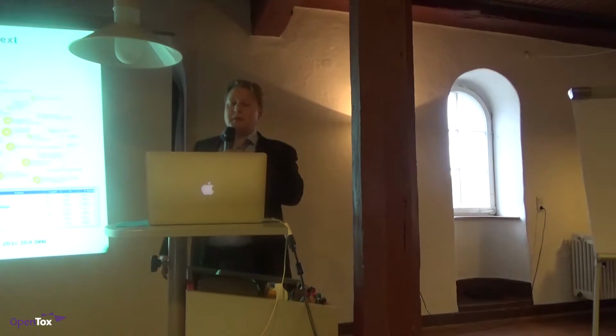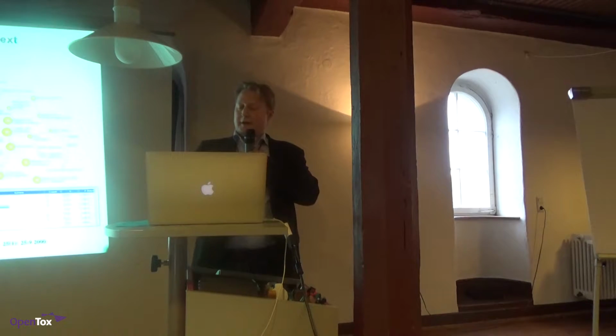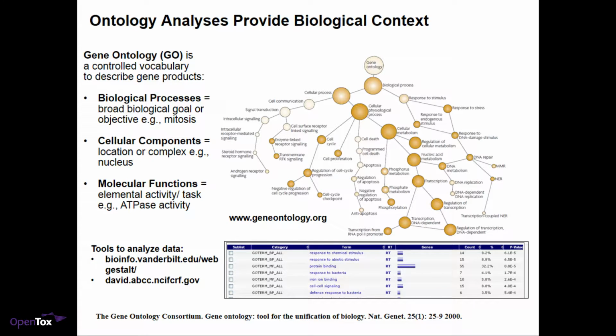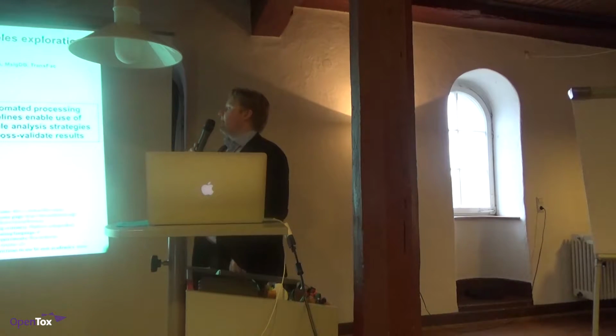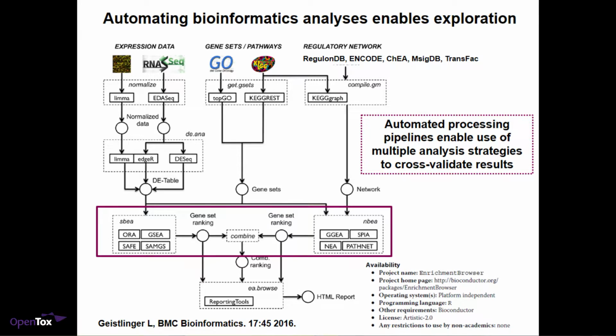And gene ontology is an example of a pathway annotation system, which we won't really go into, but essentially it is grouping genes by biological function and then doing statistical analysis on the groups. And as a further solution, which Ulla will maybe talk about, there are automated pipelines.